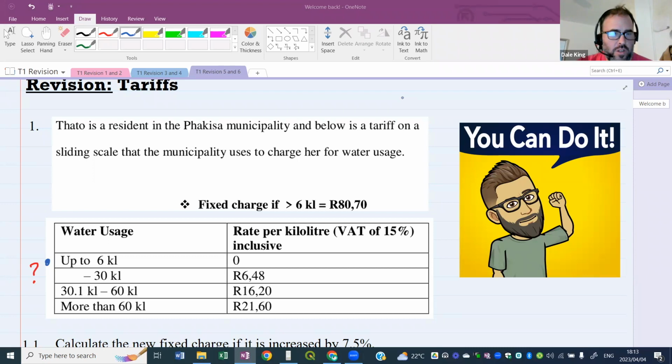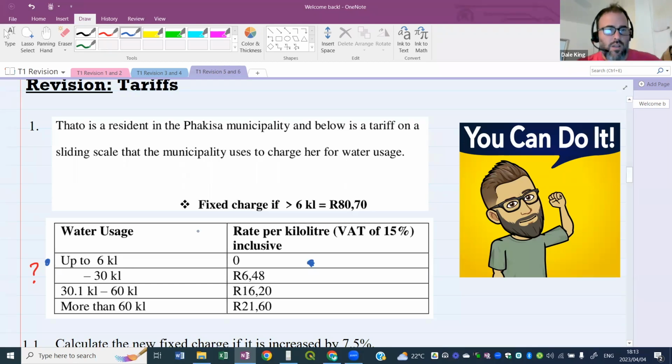All right, so we're on the first row from 0 to 6 kiloliters. And if we look on the right-hand side now, the rate per kiloliter is 0 rands. Remember I talked about this. In 1994, when Nelson Mandela came out of prison and the ANC took control of the government, their initiative, which was a very good one, was that we need to provide free education, free basic water usage, free basic rights for everyone in the country.